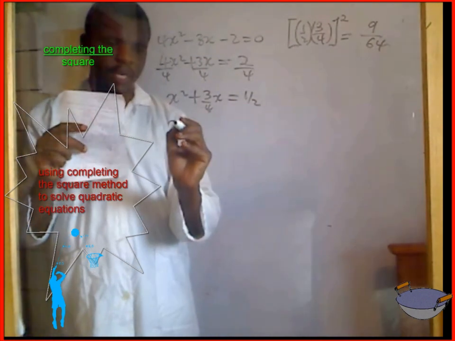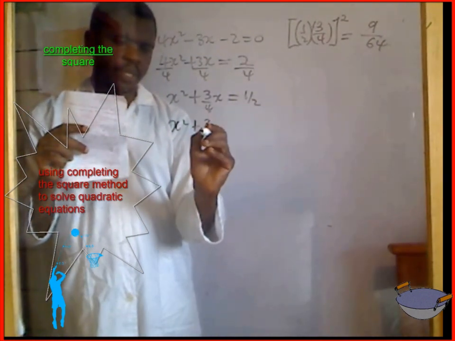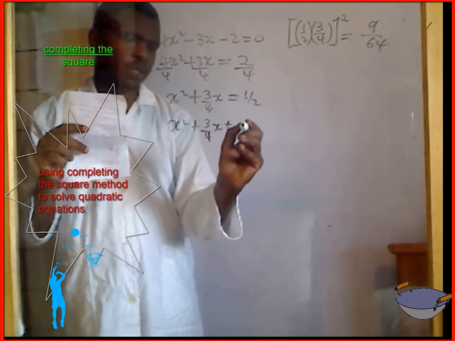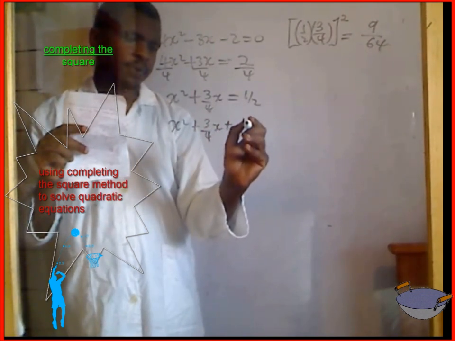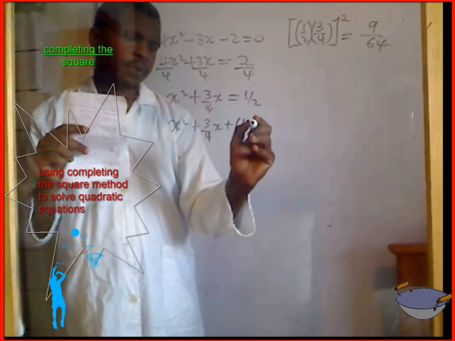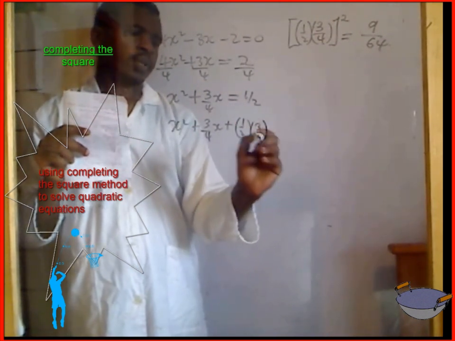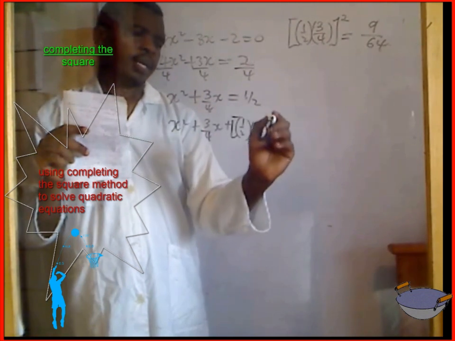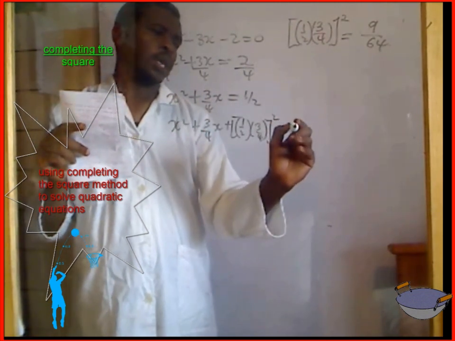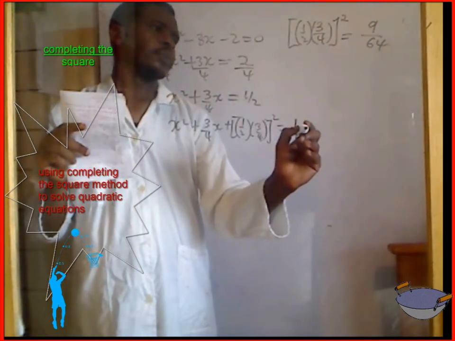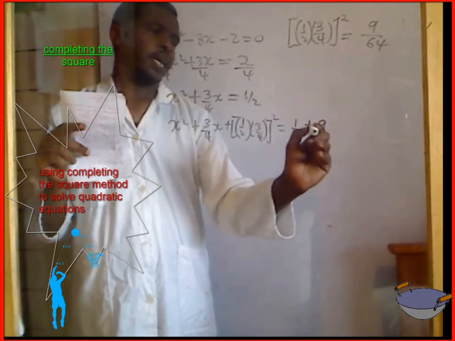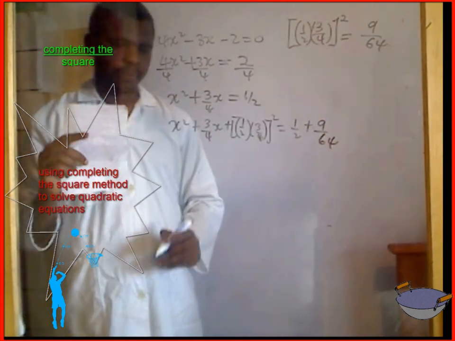So here I'll say x squared plus 3 all over 4 x plus half times 3 all over 4, all squared, is equal to half plus 9 all over 64.